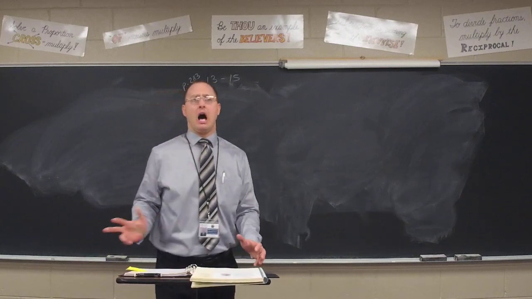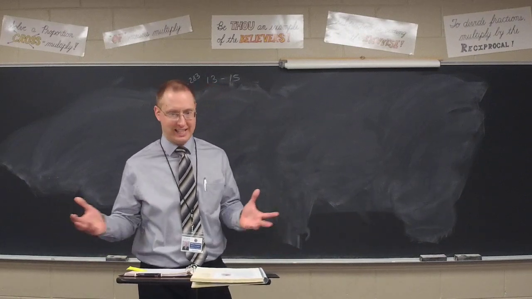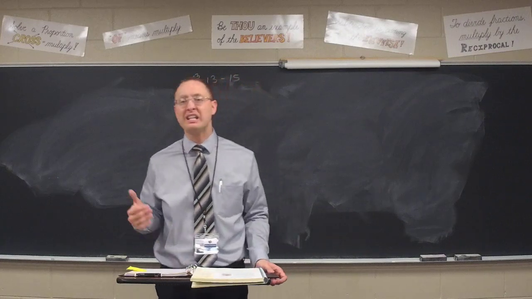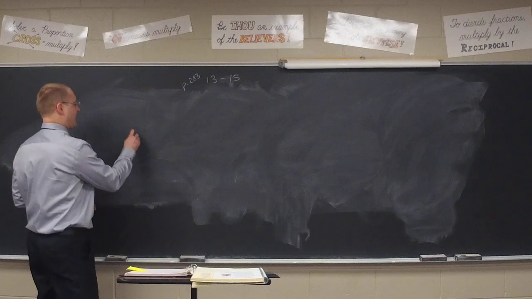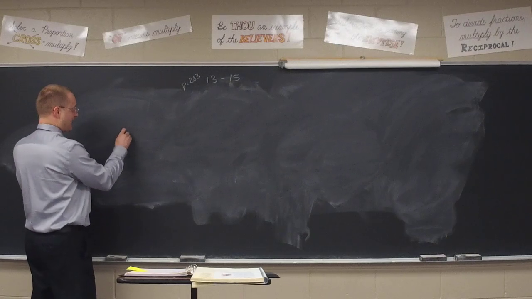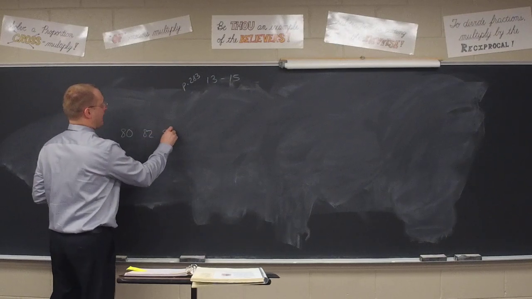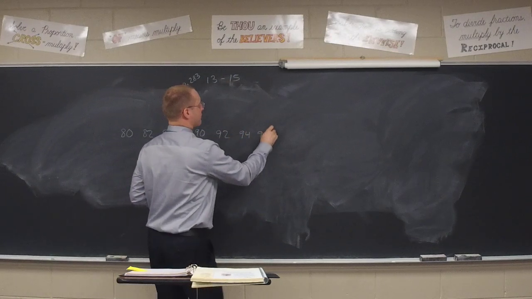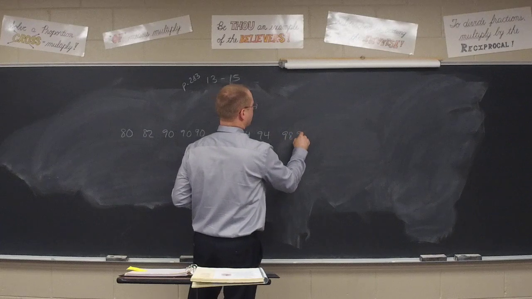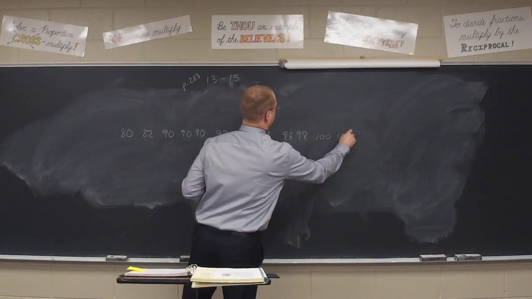Now here's the deal. There are times where you'll look at a set of data and there's really not one thing that stands out. For instance, let's suppose Corey had an 80, an 82, a 90, a 90, a 90, a 92, a 94, a 94, a 98, a 98, a 100, a 100, and a 100.